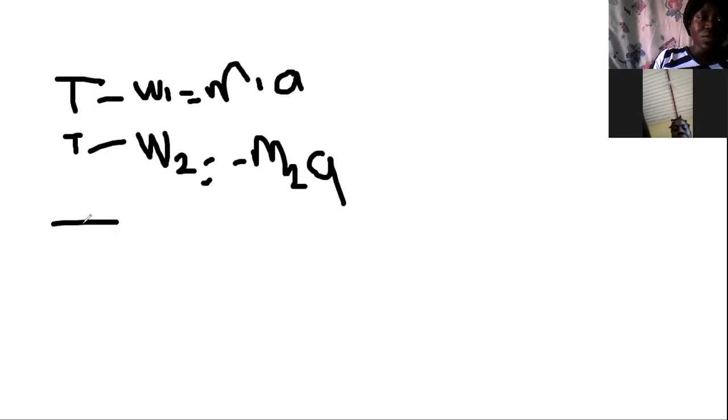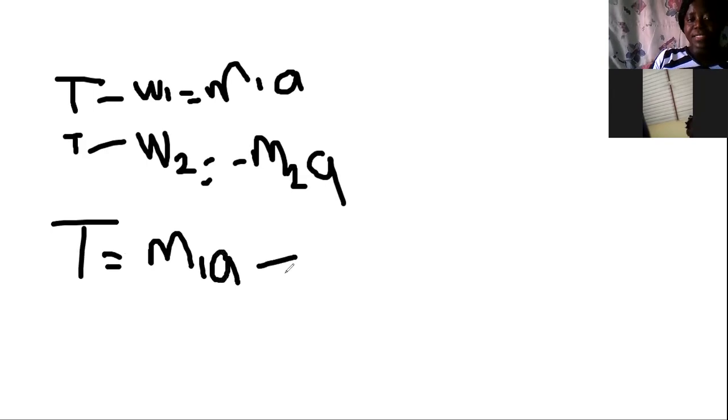If I use equation 1, making T the subject of the formula, we know that the tension is equal to the mass 1 times the acceleration plus the weight of that object. We know our mass, which is 40.